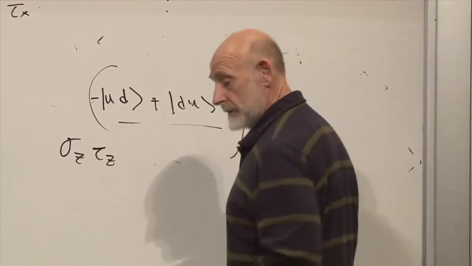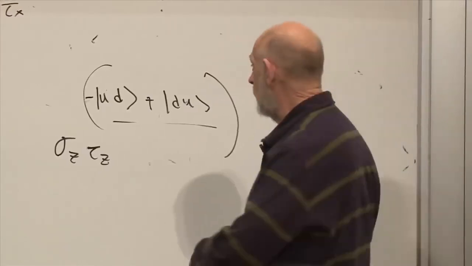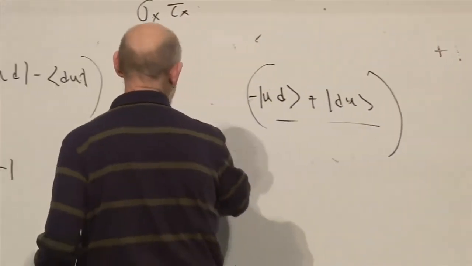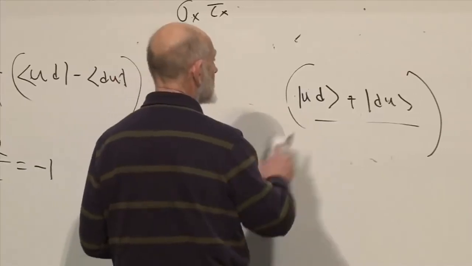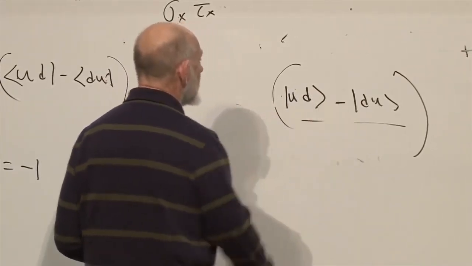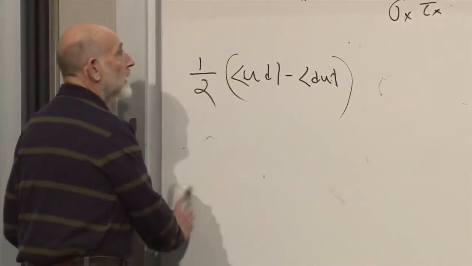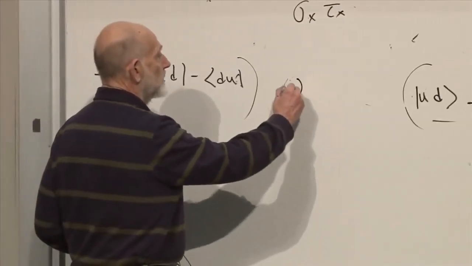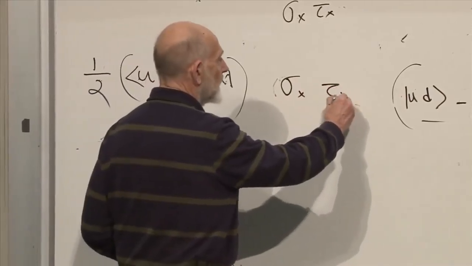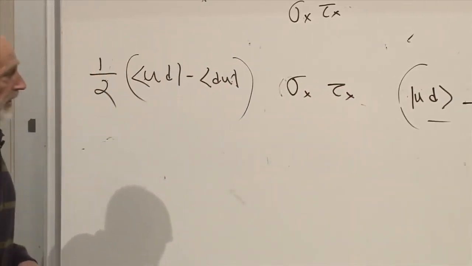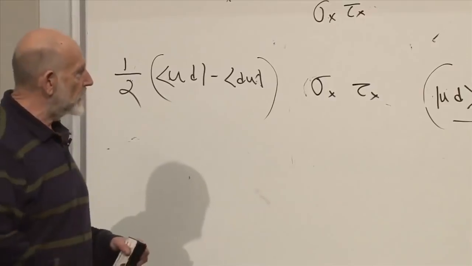Let's try, this is undoubtedly going to get boring now, but let's do it anyway. This is plus minus. We'll go back to the original sandwich, but instead of sigma z, let's do sigma x tau x. All right, so sigma x times tau x, it's easy to figure that out.